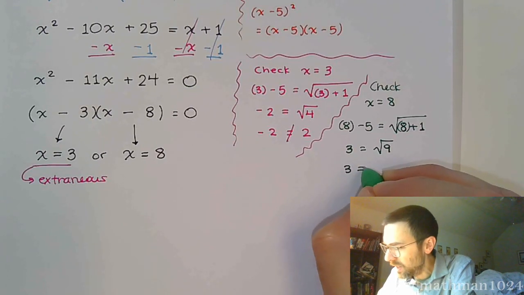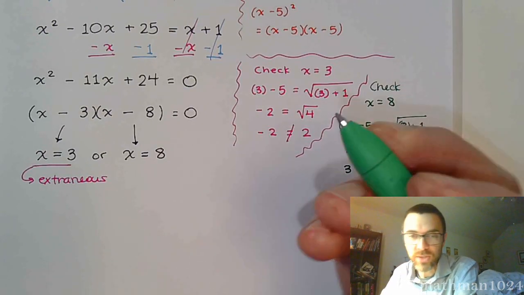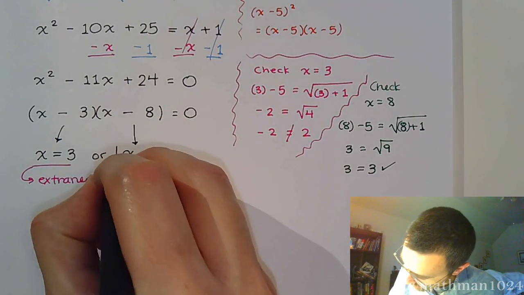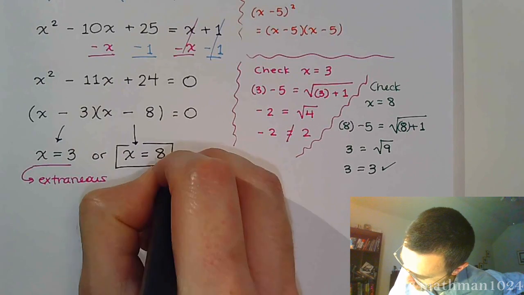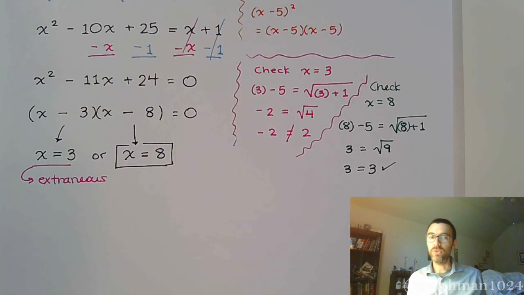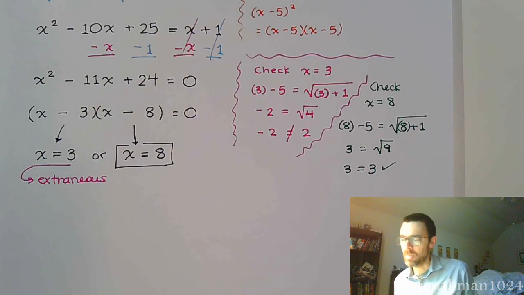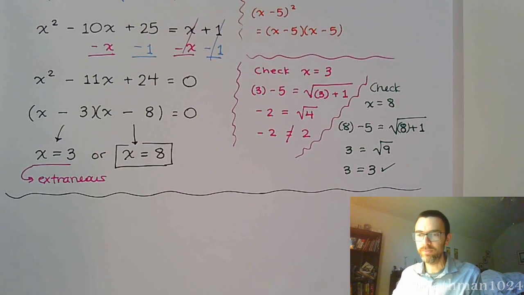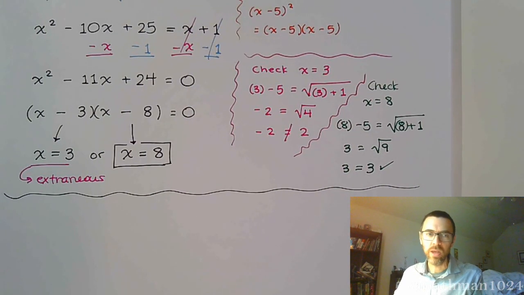And we can see that 3 equals 3. And now that's a true statement. So x equals 8 is our solution. And we only have one solution here. I mean, it's possible to have more than one. But for this one, it's only that solution. All right.